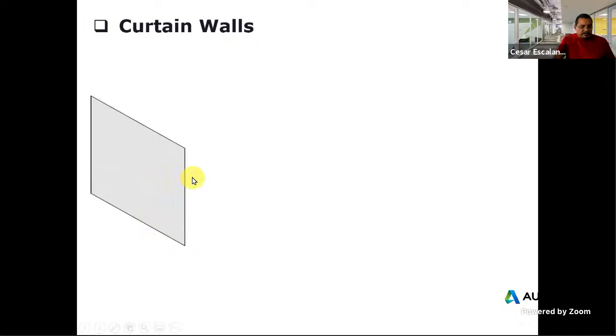Just for reference, this is called the bottom. The bottom one is called horizontal side one, and this is called horizontal 2. And then the verticals are called, the first one is called vertical 1, and the other is vertical 2.